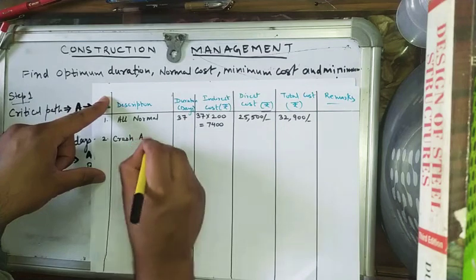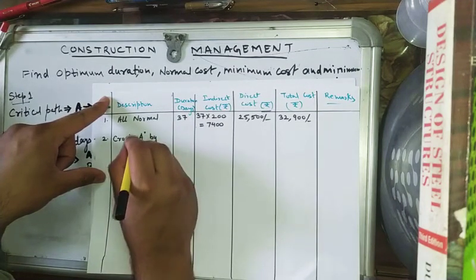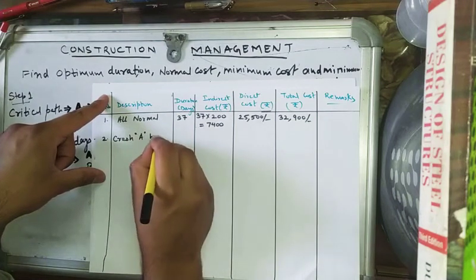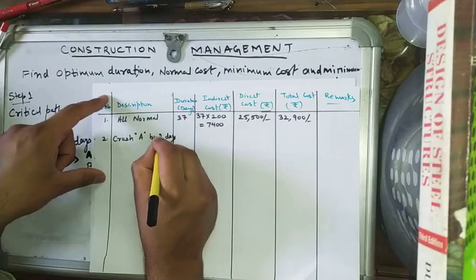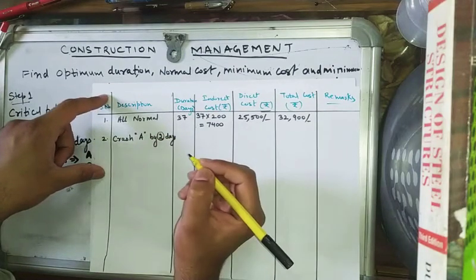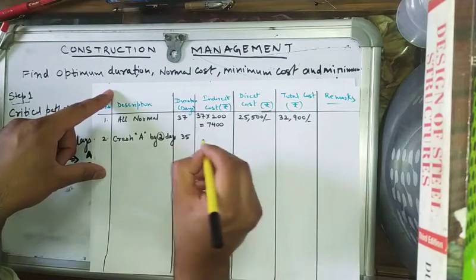Crash A by 2 days. So duration now is 35.